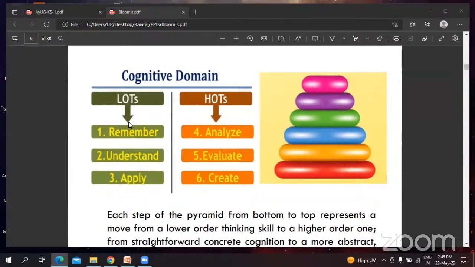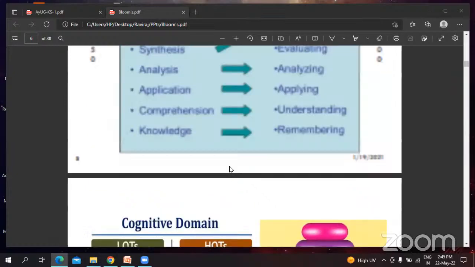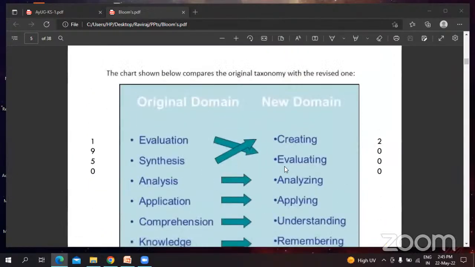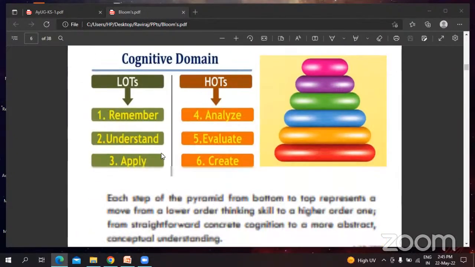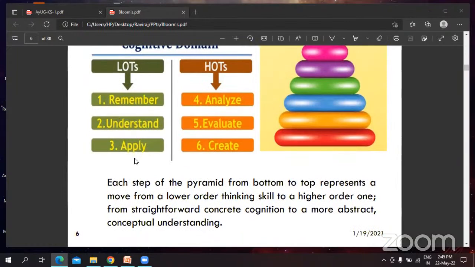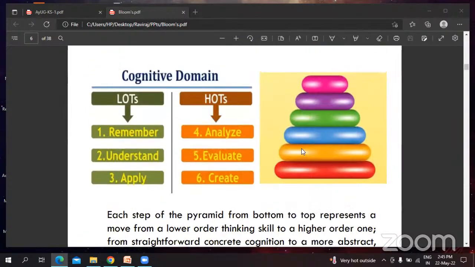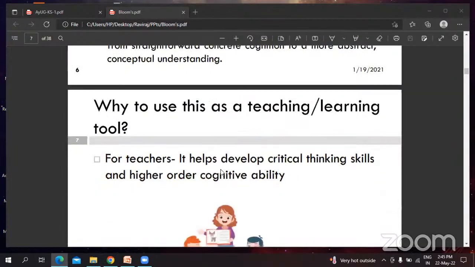And out of these, much more skill, understanding, and knowledge is required to create something. So these upper 3 levels, analyzing, evaluating, and creating, are high order thinking, and remember, understand, and apply are low order thinking. So this is a pyramid. The bottom 3 are remember, understand, and apply. The top 3 are analyze, evaluate, and create.